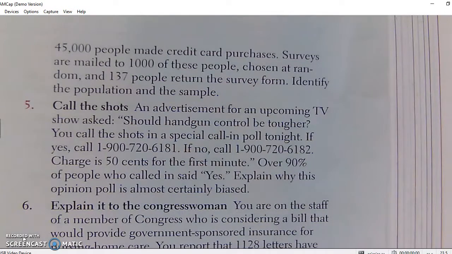If yes, call 1-900-720-6181. If no, call 1-900-720-6182. Charges 50 cents for the first minute. Over 90% of people who called in said yes. Explain why this opinion poll is almost certainly biased. You can pause the video now to think through your response to this question.